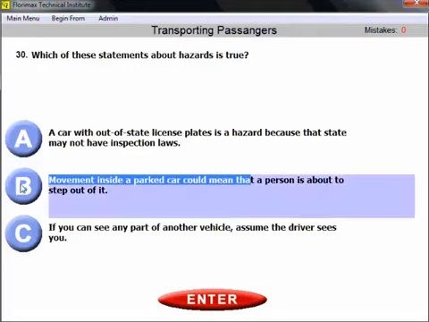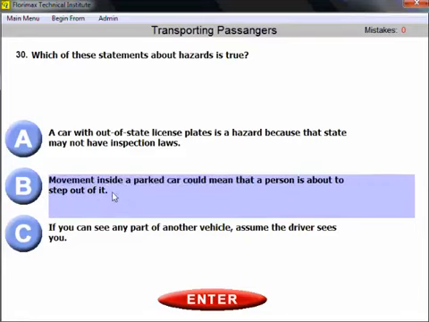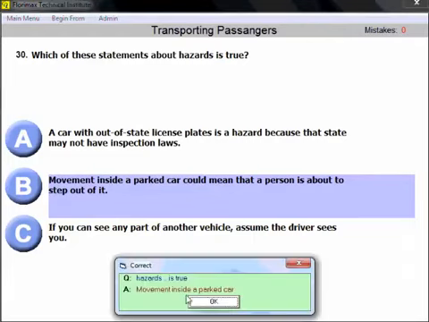Not exactly, but you need to be aware that if there is a movement inside of a parked car, you better keep a distance from this parked vehicle, because people may step out of it. So movement inside of a parked car is considered a hazard.